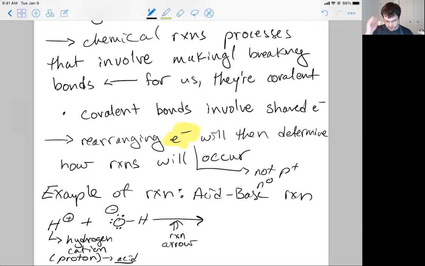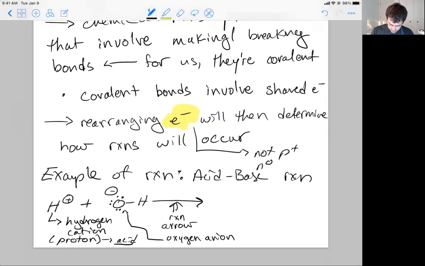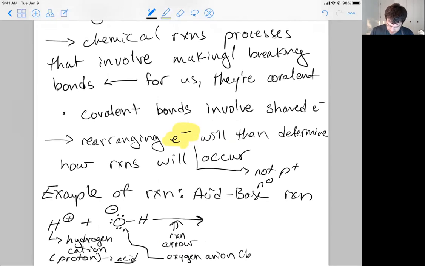So I have my reaction arrow showing that H+ and OH-, an oxygen anion, in this case an ion that has a negative charge, is our base. These two things are going to react to form water.